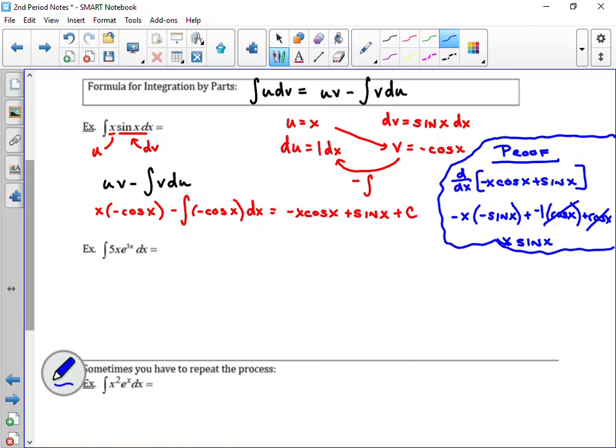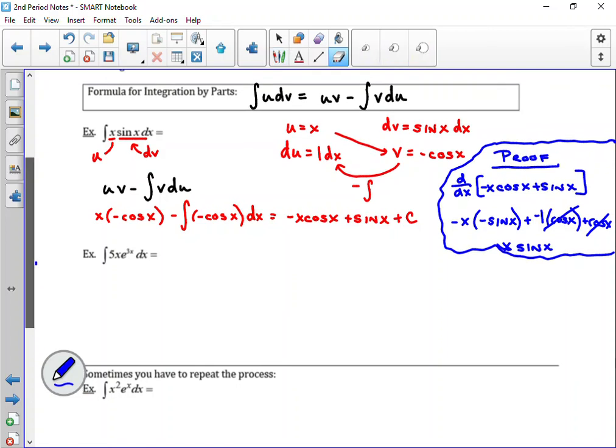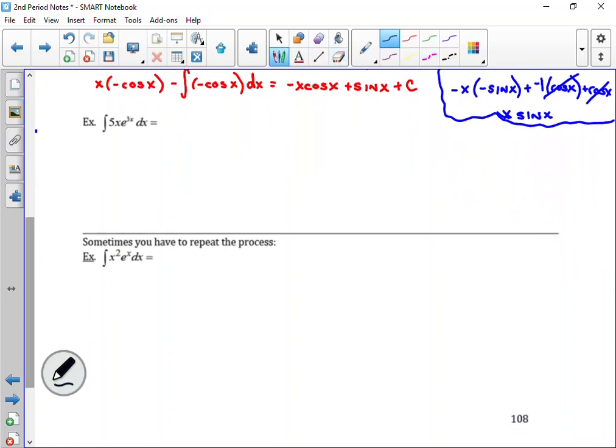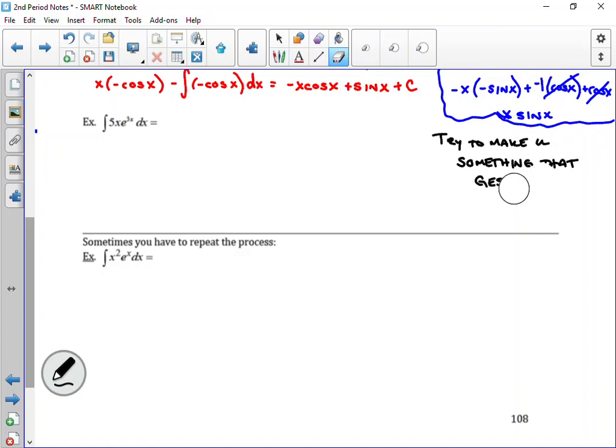Common thing you want to do is put u as... the first thing you always want to do, here's a helpful hint, is try to make u something that gets smaller.